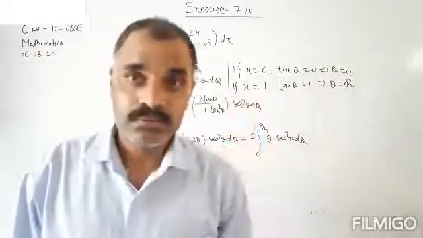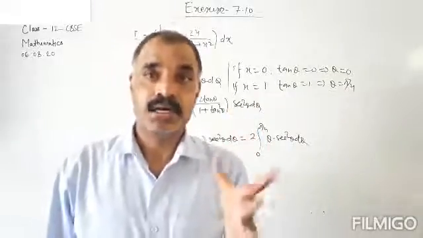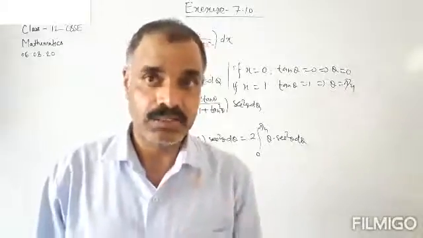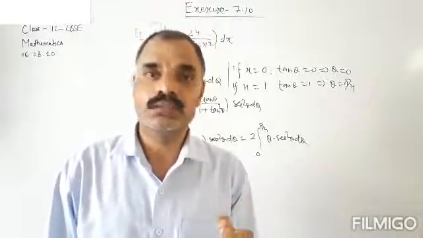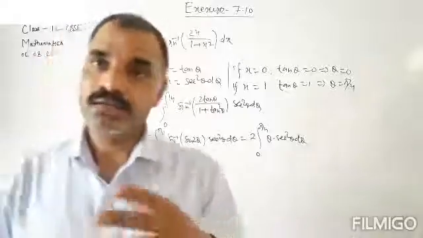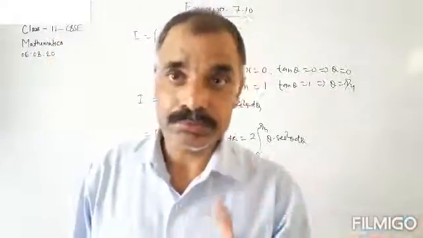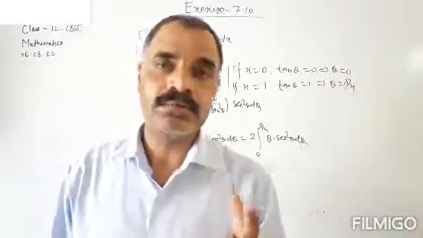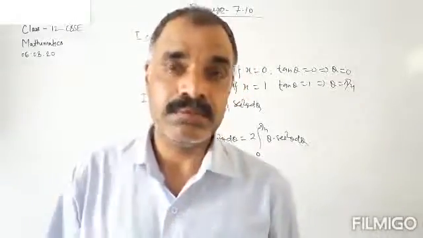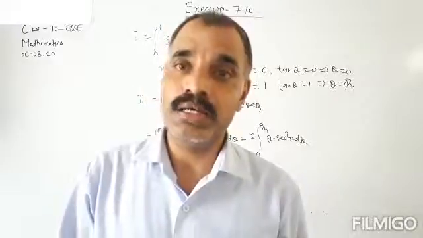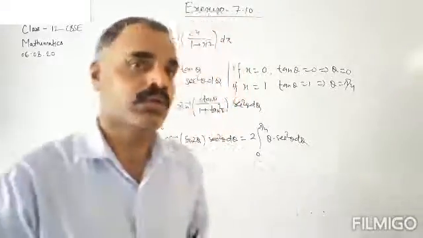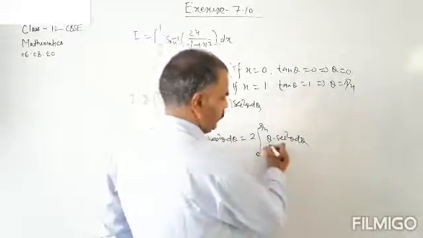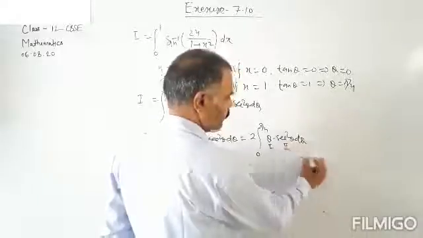That will be done by integration by parts. As per the ILATE rule, which gives the choice of first function and second function, we should know the ILATE rule for the best choice. So as per the ILATE rule, this is the first function and this is the second function.